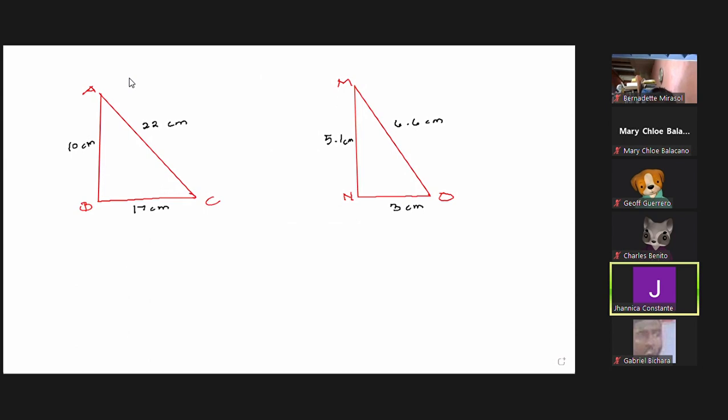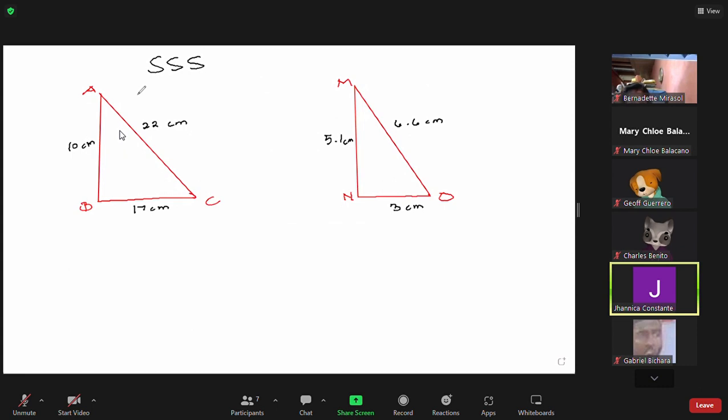So to prove that these two triangles are congruent using the SSS or the side theorem, the proportion of the corresponding parts should be equal. Okay?